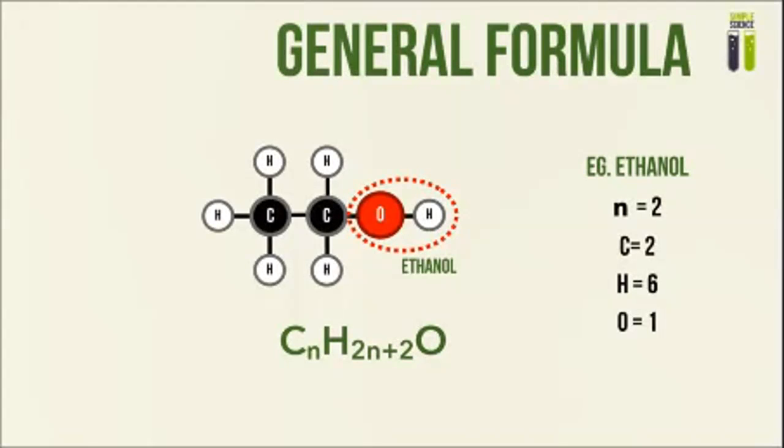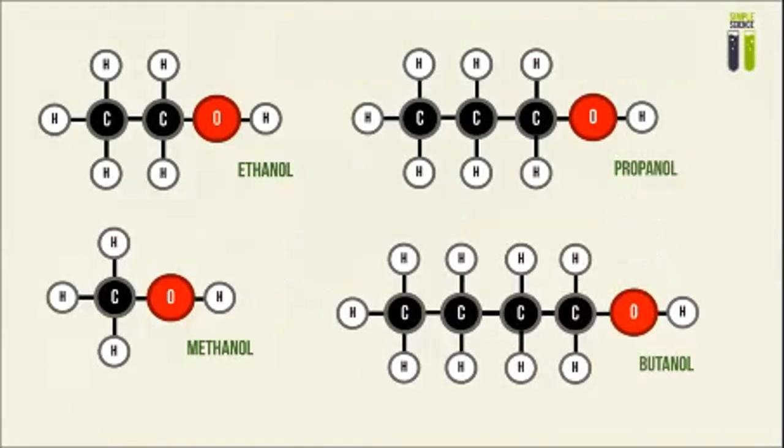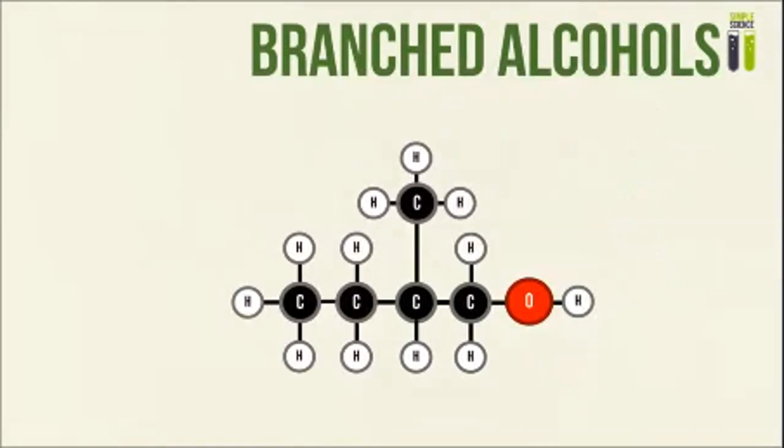So di and tri and other prefixes describe the number of alcohol or OH groups attached to the molecule. Here are other examples of alcohol molecules, whose names depend on the number of carbons in the carbon chain. And of course, like any other organic molecule, there can be branched molecules.